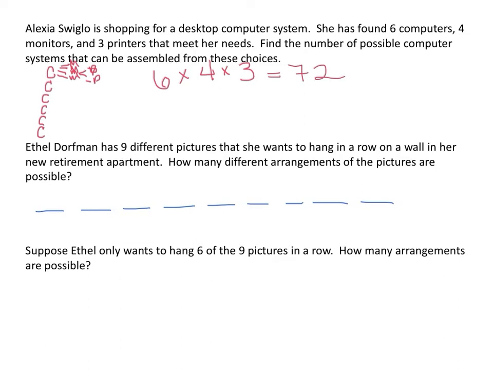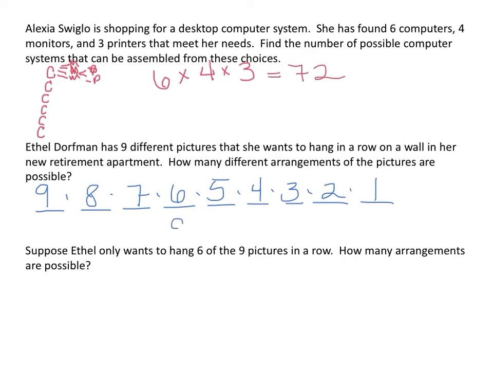In the first spot, I have 9 choices. When I get to the second spot, I only have 8 choices. Then I have 7 choices, 6 choices, 5 choices, 4 choices, 3 choices, 2 choices, and 1 choice. And I multiply all of these together.